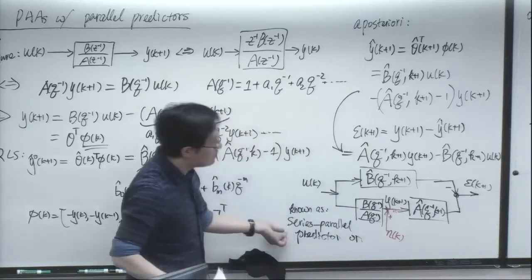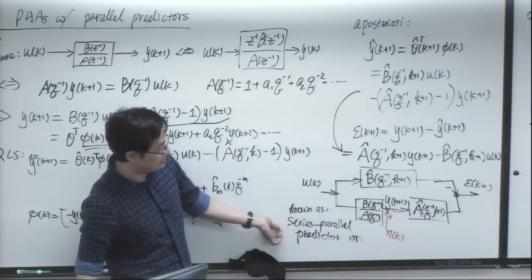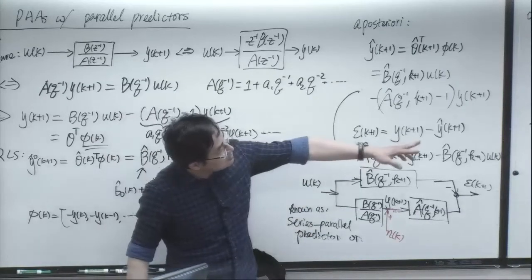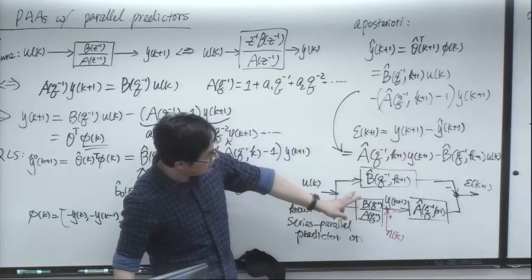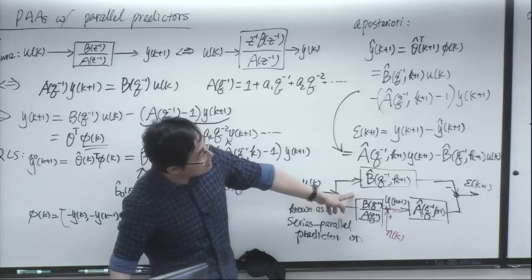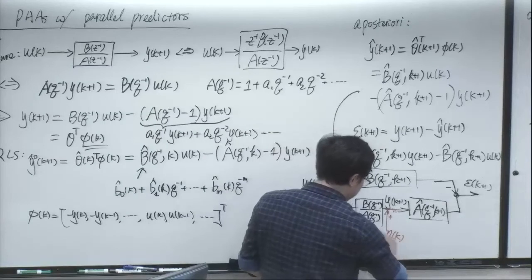Right? So this is in comparison to the parallel structure. That has an equation, that has an output error name. This one also has a name that goes in that spirit. This is also known as the equation error method.